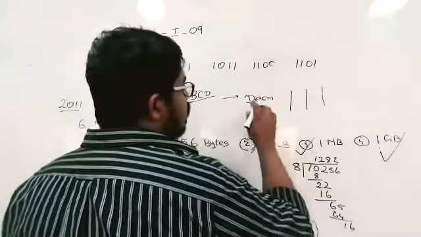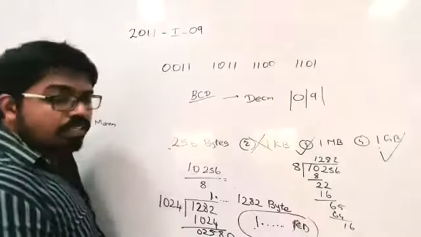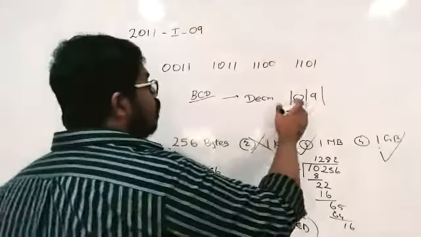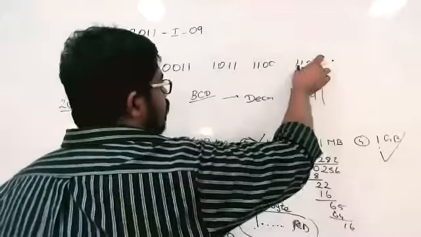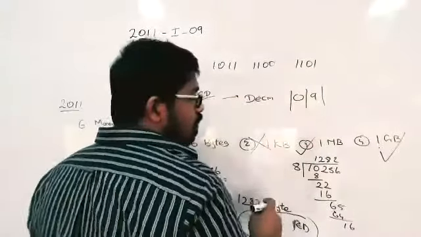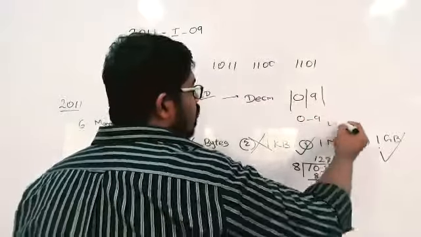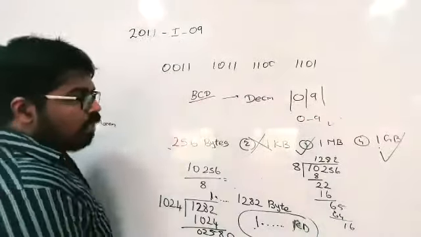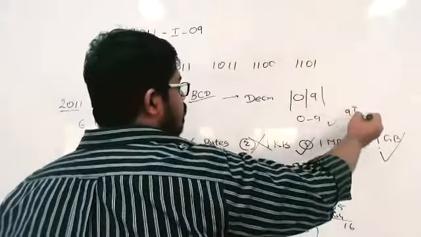When I consider a decimal digit, the minimum value will be 0, maximum value will be 9. If you are getting values from 0 to 9, those are valid. If you are getting more than 9, that is invalid.